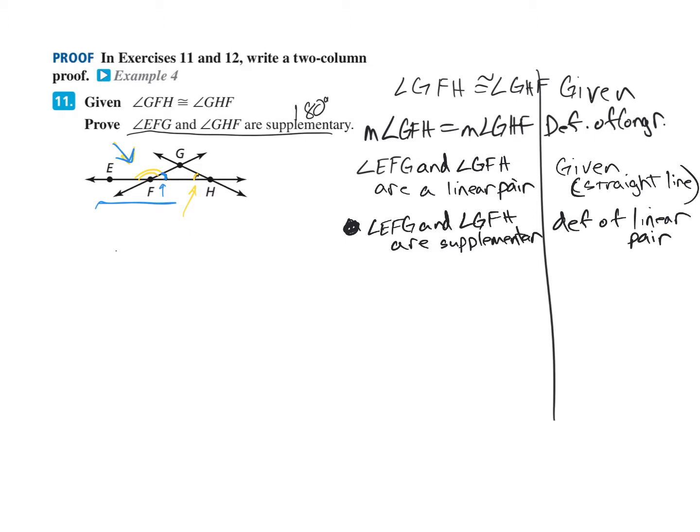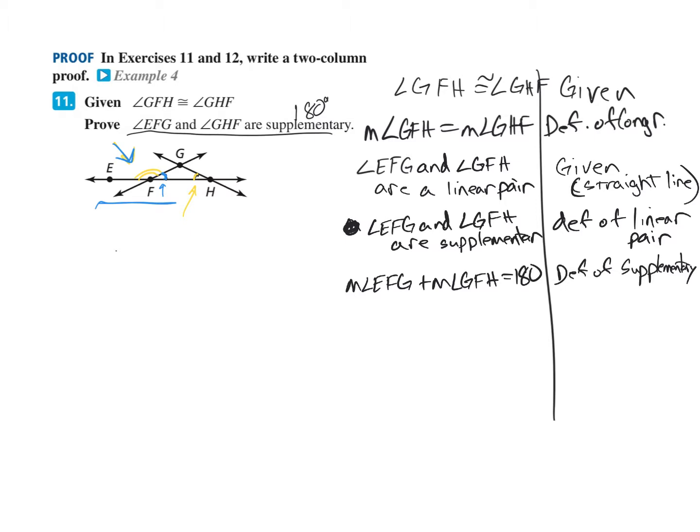And if they're supplementary, then the measure of angle EFG plus the measure of angle GFH equals 180. That's the definition of supplementary. So even though you may not know why you're saying these things in this order, you just kind of go through and repeat what the next thing says. Sometimes you have to take a leap and say something, but most of the time, one thing's leading to the other.